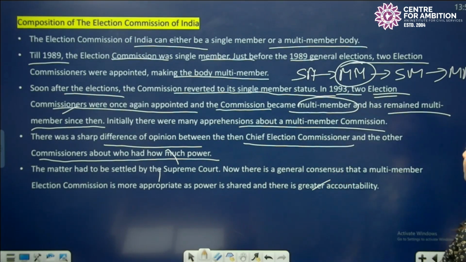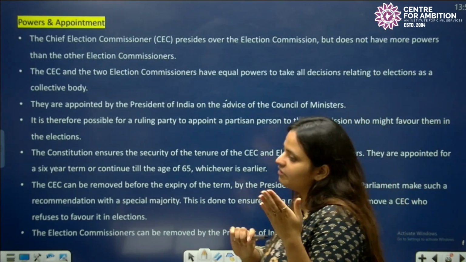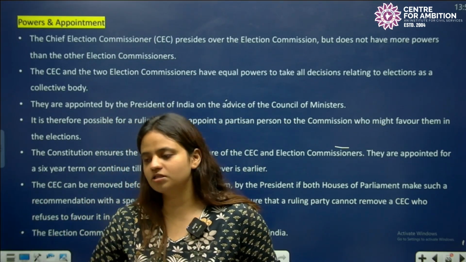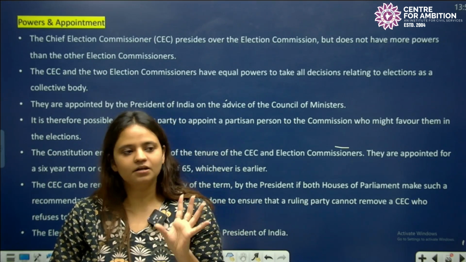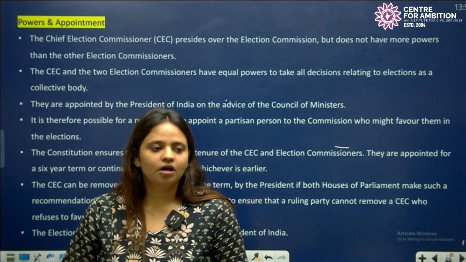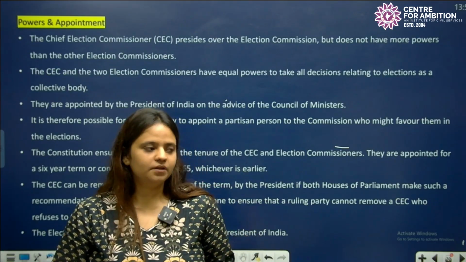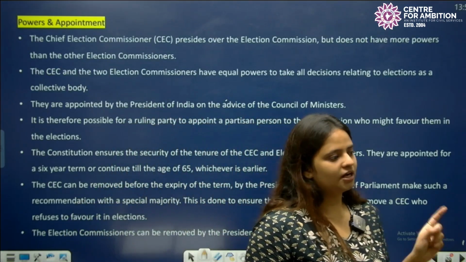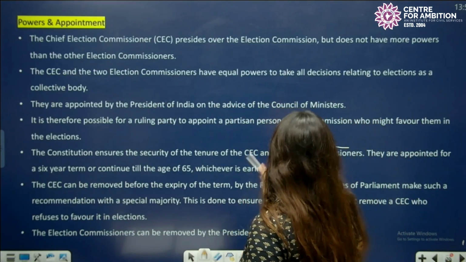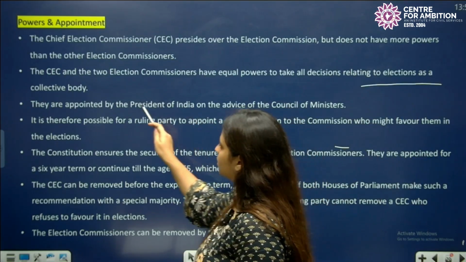Okay. So what we see is that now the chief election commissioner and the two election commissioners that we have make the Election Commission a multi-member body. The three people, the chief election commissioner and the two election commissioners, have equal powers to take all the decisions relating to the election as a collective body.